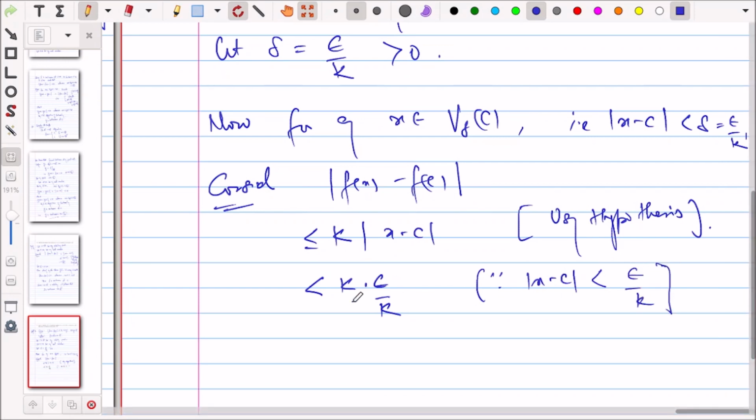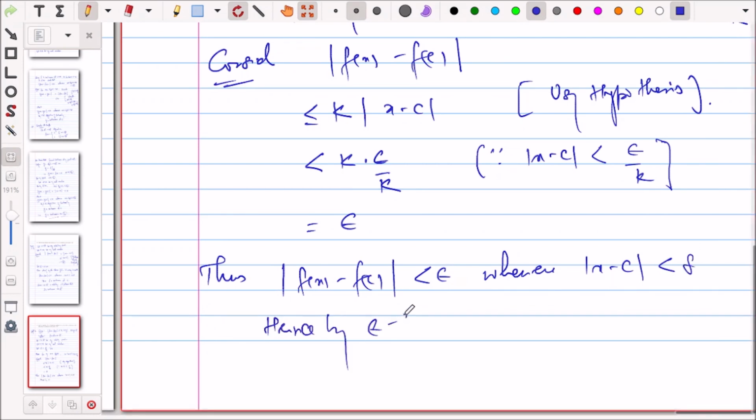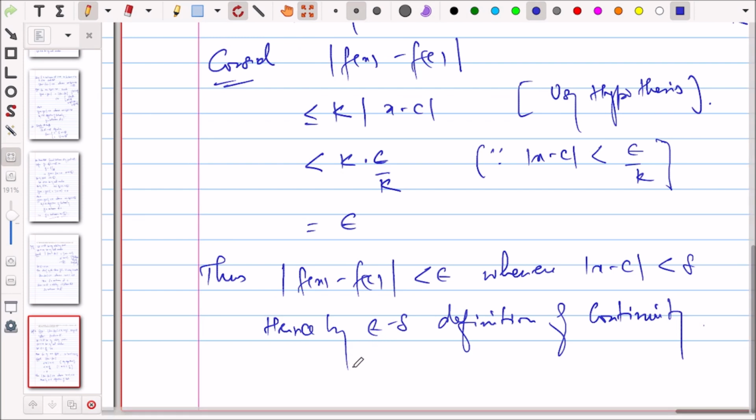And so this is equal to epsilon. So you have shown that |f(x) - f(c)| is less than epsilon whenever |x - c| is less than delta. Hence, by the epsilon-delta definition of continuity, f is continuous at c. Because c belonging to R is any arbitrary point, we are done in this case.